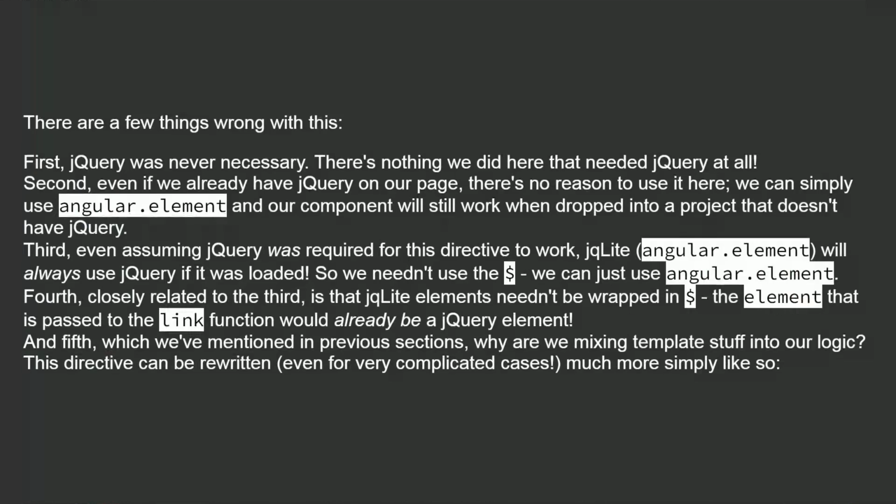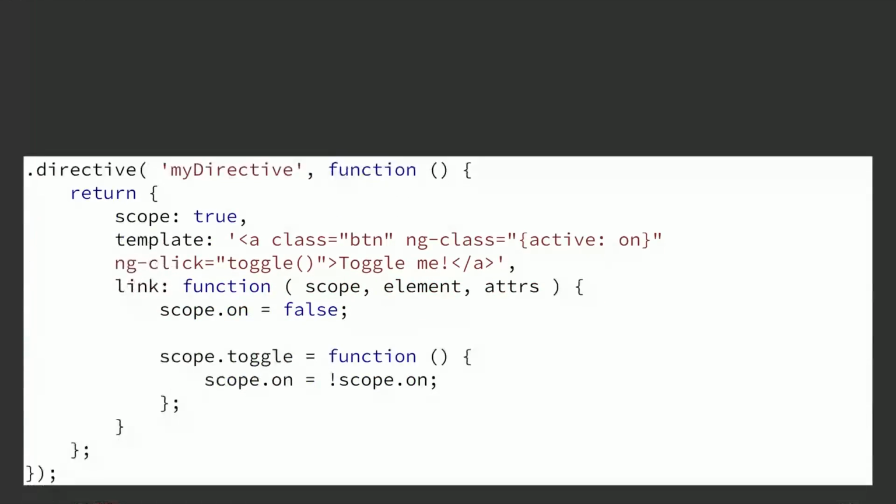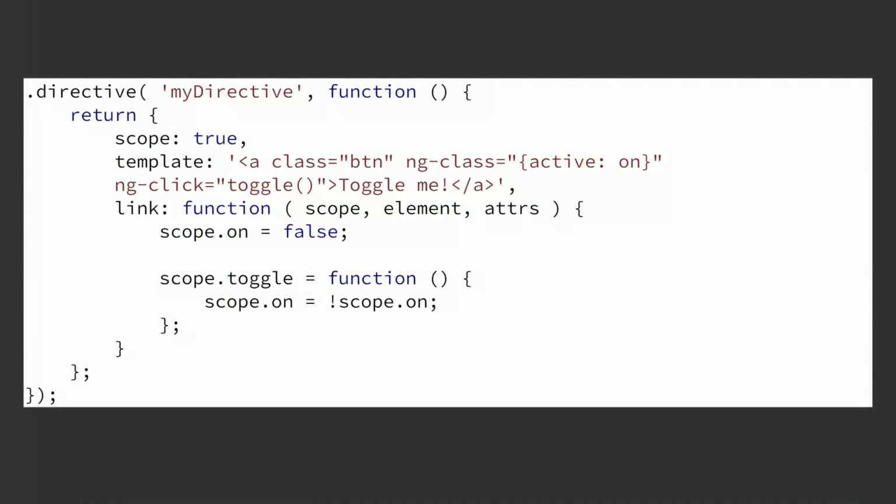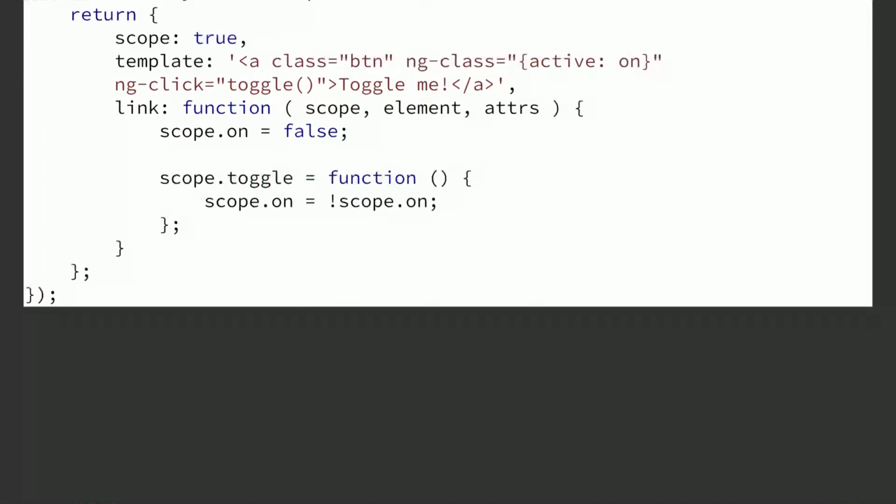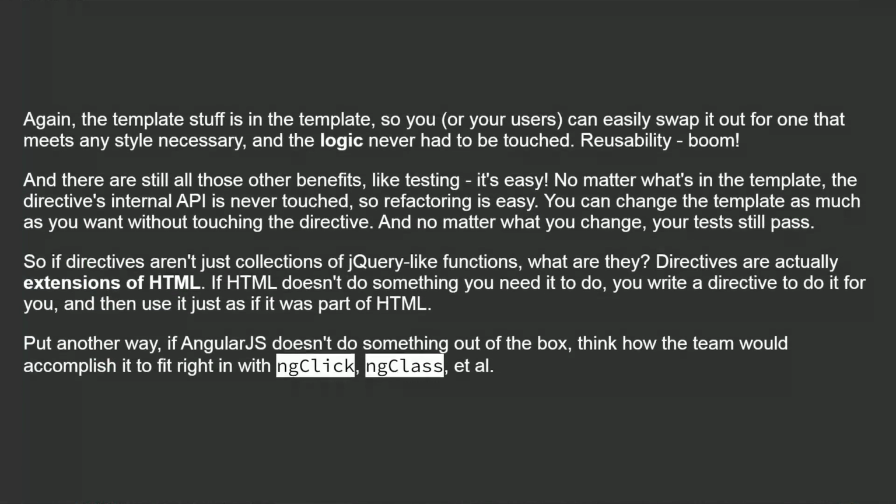This directive can be rewritten, even for very complicated cases, much more simply like so. Again, the template stuff is in the template, so you, or your users, can easily swap it out for one that meets any style necessary, and the logic never had to be touched.